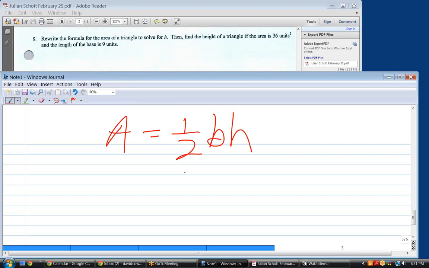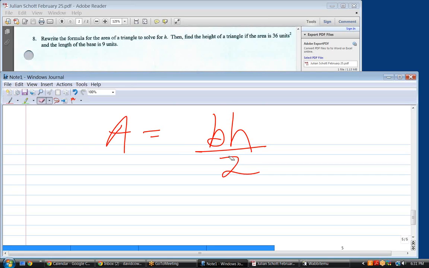Same thing we just did. Did you divide by half? Because I've written it this way, it's confused you. If I wrote it the way you wanted me to, now what's the first step? You multiply by 2.